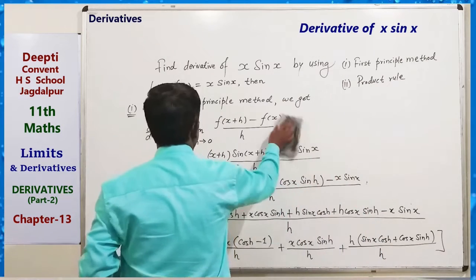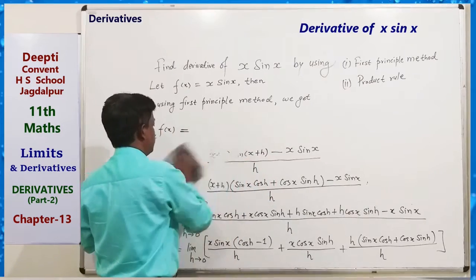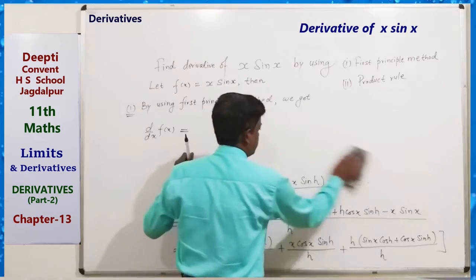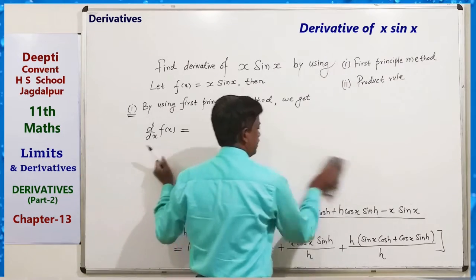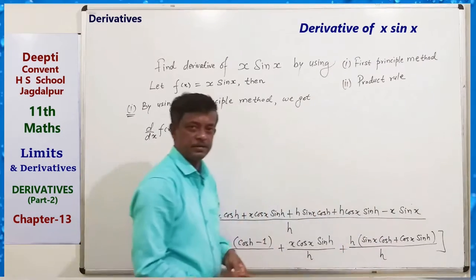Now distribute this limit. Our target is finding the limit, so now we can distribute it.